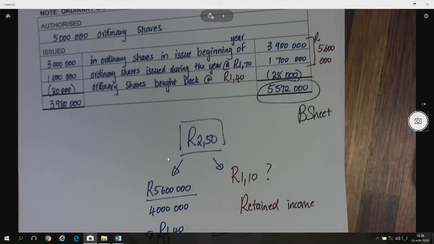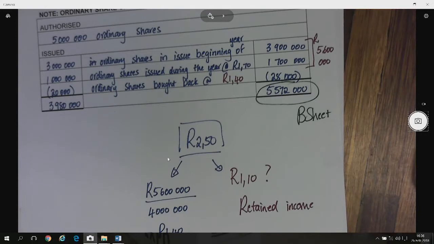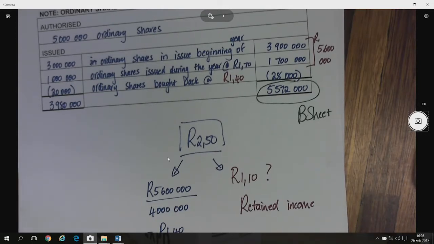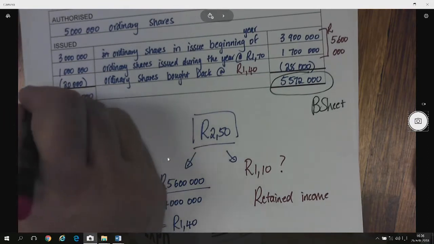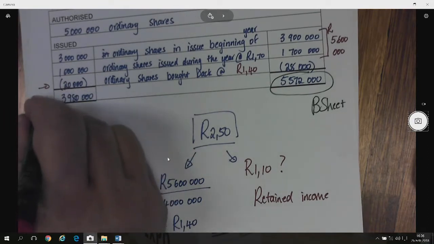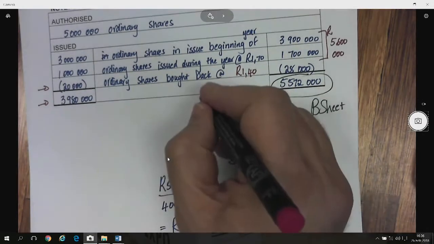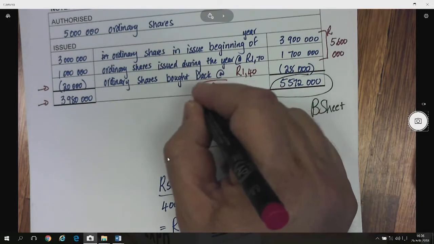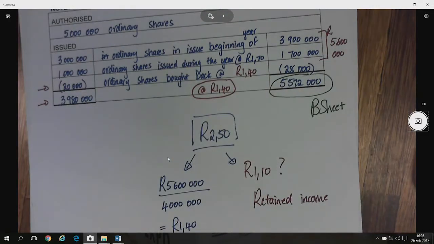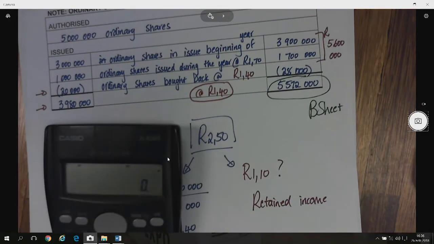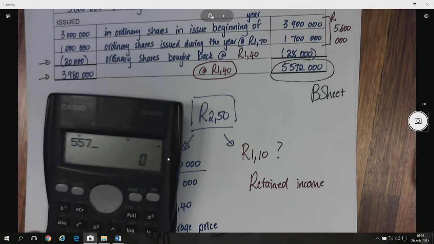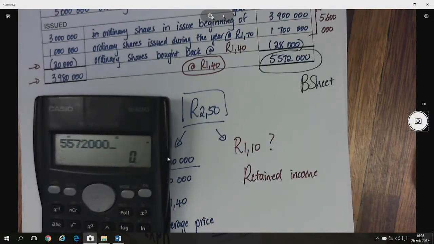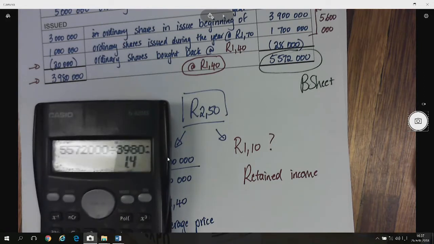Just want to show you something: when your last action was buyback, and then you've got the balance at the end of the year, this amount will always lie there at R1.40. Okay, but we're not going to show it. I'm just going to prove this to you. 5,572,000 divided by 3,980,000 gives you R1.40.